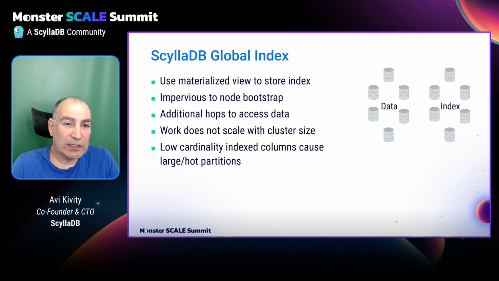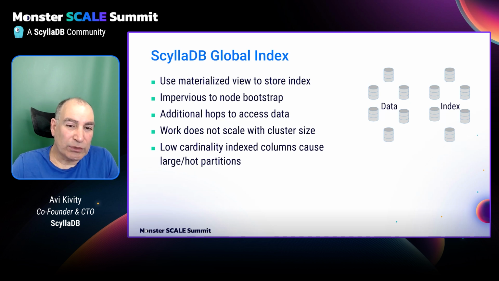Let's look at the ScyllaDB global index. So it uses a materialized view to store the index. So instead of having a local table per node for the index, we have a global table that is distributed that stores the index. It's distributed in the same way that the data is distributed, but because the keys are different, there is no one-to-one relationship.